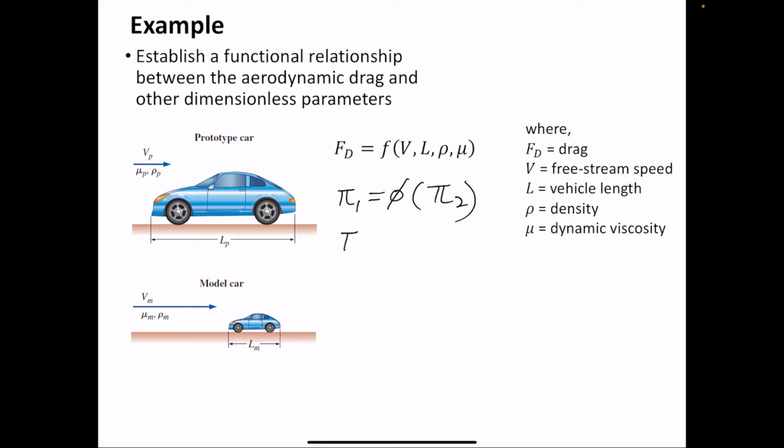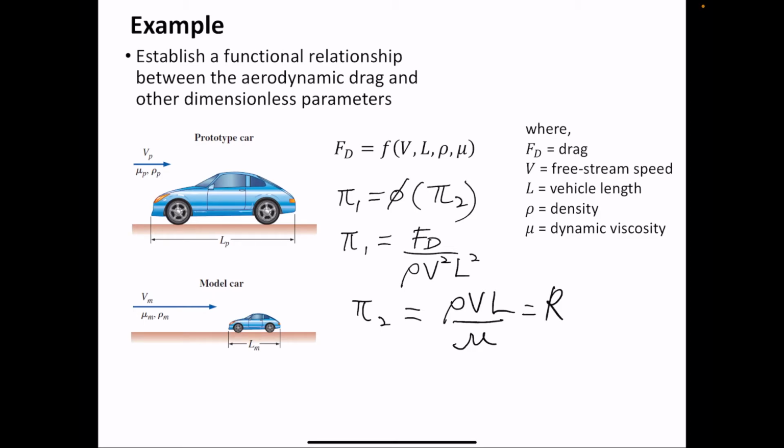And pi 1 is the force divided by density, velocity squared, and length squared. And pi 2 is equal to rho V L per mu, which is the Reynolds number.